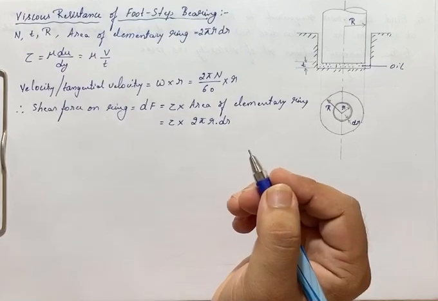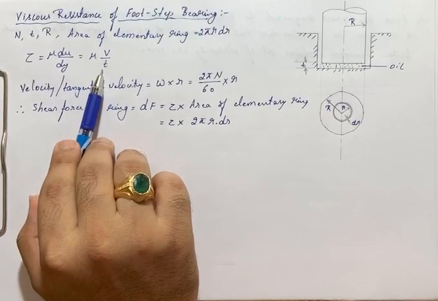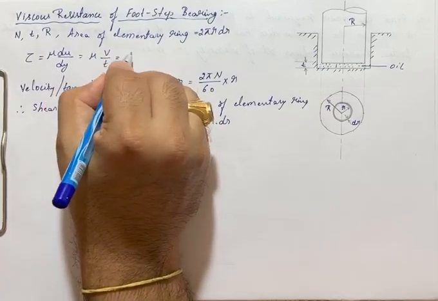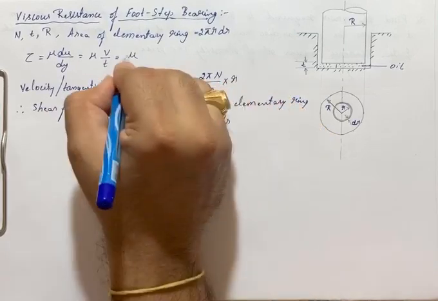What is tau? Tau is nothing but mu into V by T, where V is 2 pi N divided by 60 into r.